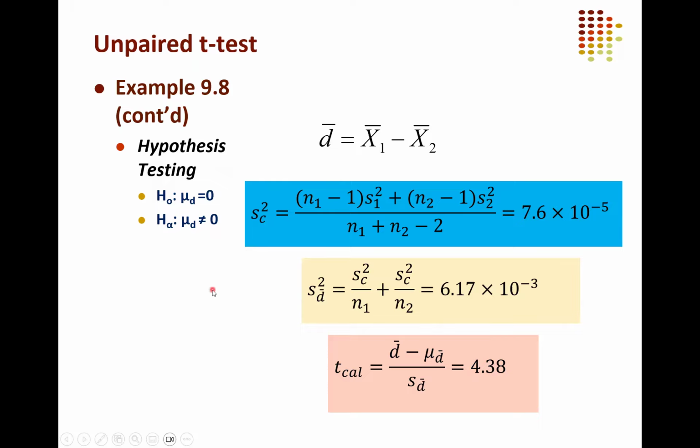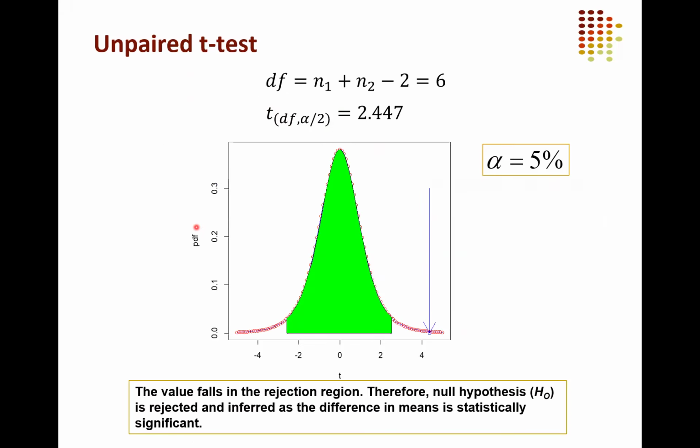From the table, we have to pick up the ideal value, and our hypothesis is mu d is equal to 0 when both samples represent the same population. Ideally, there must be no difference suggested from those measurements. Otherwise, the difference must be a significant one. The degrees of freedom will be calculated as n1 plus n2 minus 2, which is 6.